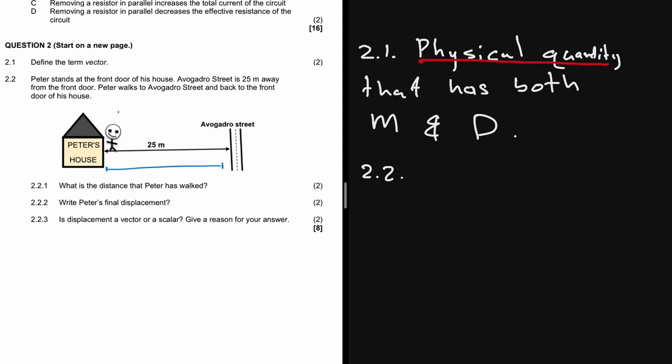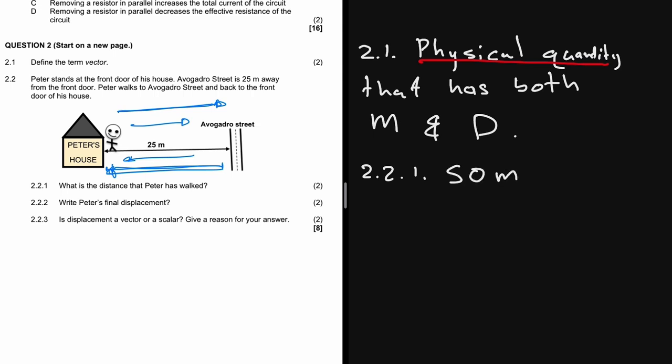He walks 25 meters to get there, and then another 25 meters to come back. The question asks what distance Peter has walked. That means 25 meters and 25 meters back, which is 50 meters. So Peter has walked 50 meters.